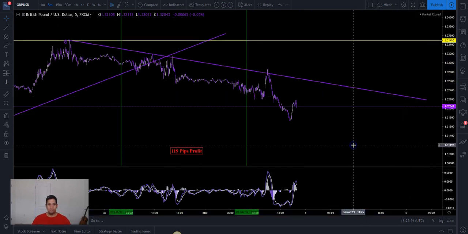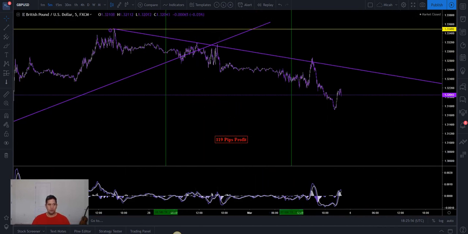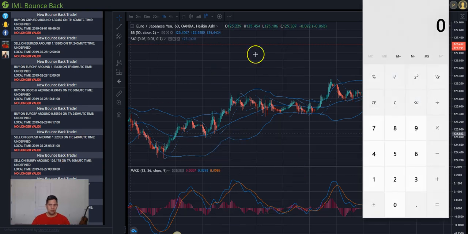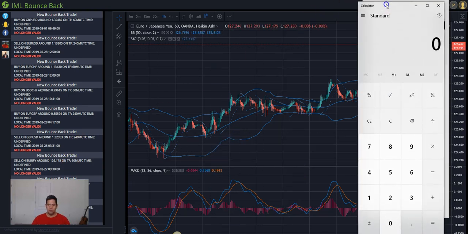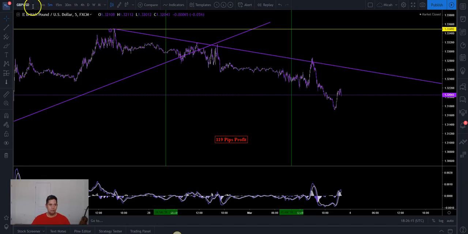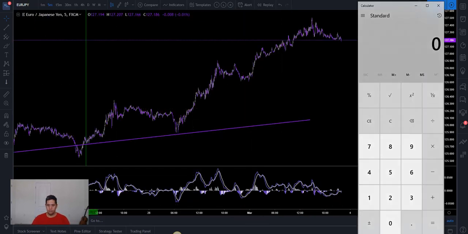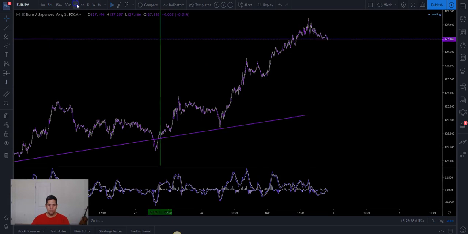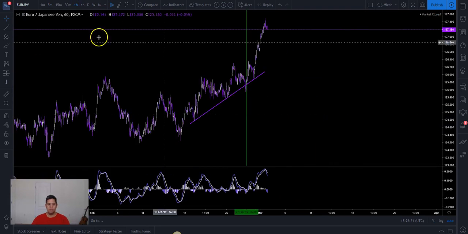Let's calculate all the trades again. So my calculator. Okay, so Euro JPY, we didn't, no, we never entered.